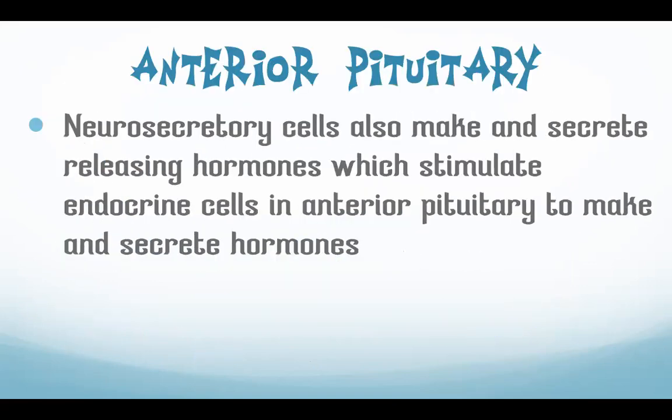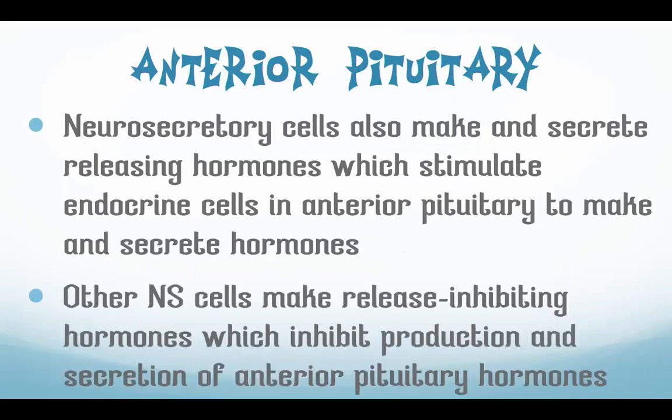All right, so the neurosecretory cells make and secrete releasing hormones, which stimulate the endocrine cells in the anterior pituitary to make and secrete hormones. So you're going to see the neurosecretory cells of the hypothalamus.